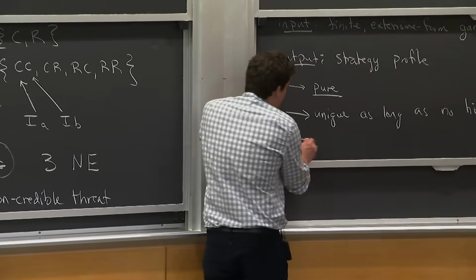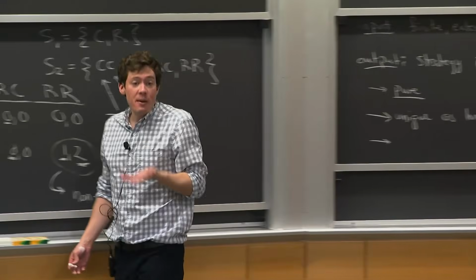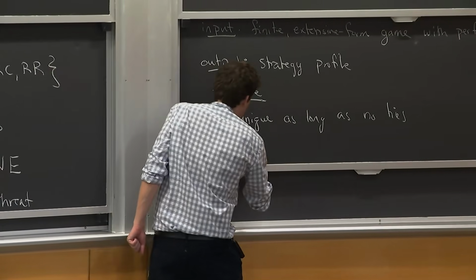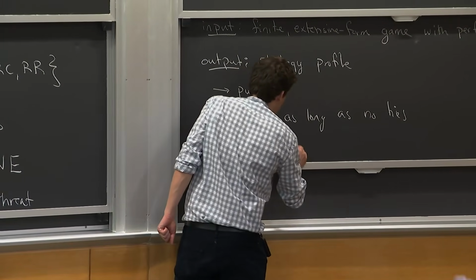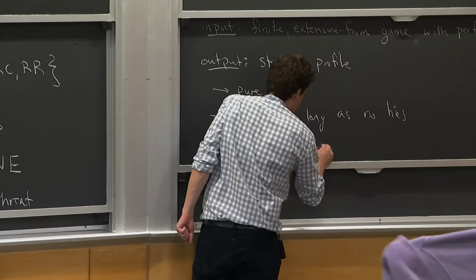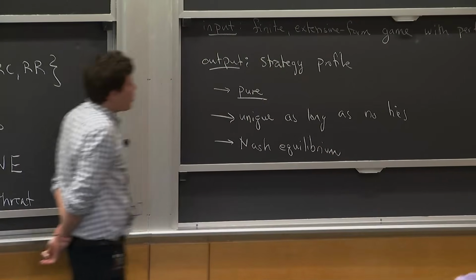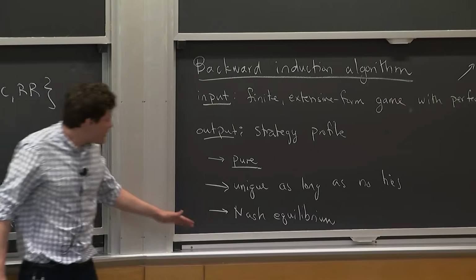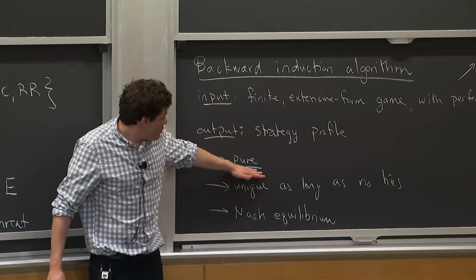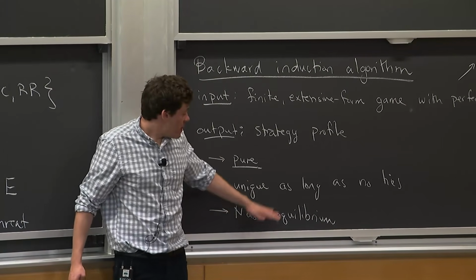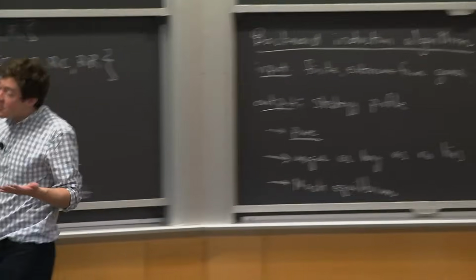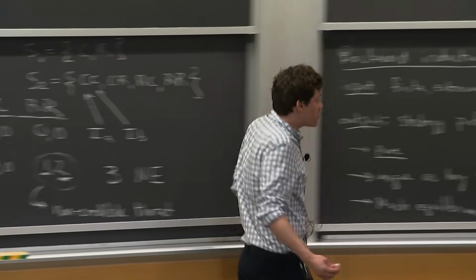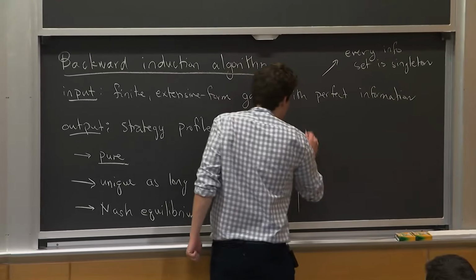And this isn't just going to be any strategy profile. This is also going to be a Nash equilibrium, right? So what does this algorithm do? It gives us a pure strategy Nash equilibrium. And unless there are ties, it always gives us the same pure strategy Nash equilibrium. But let's keep in mind a warning.